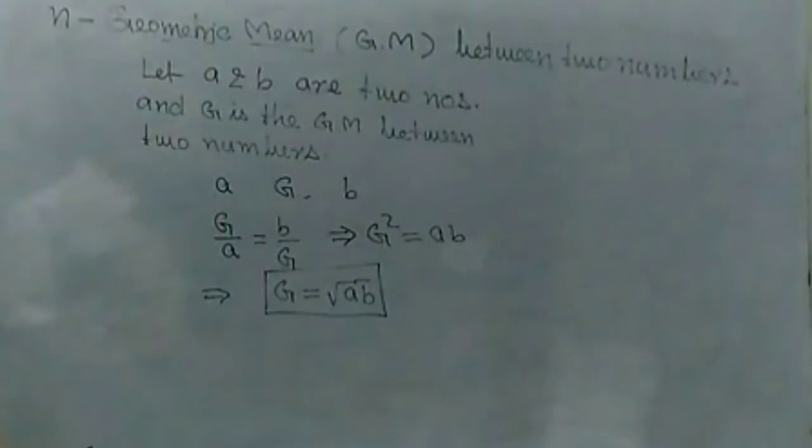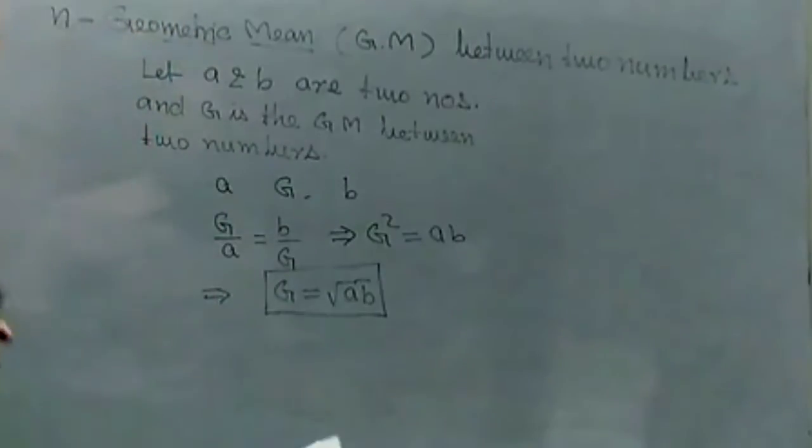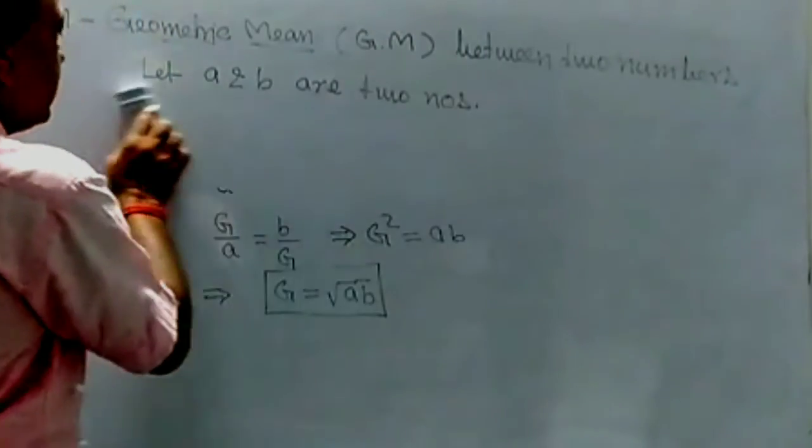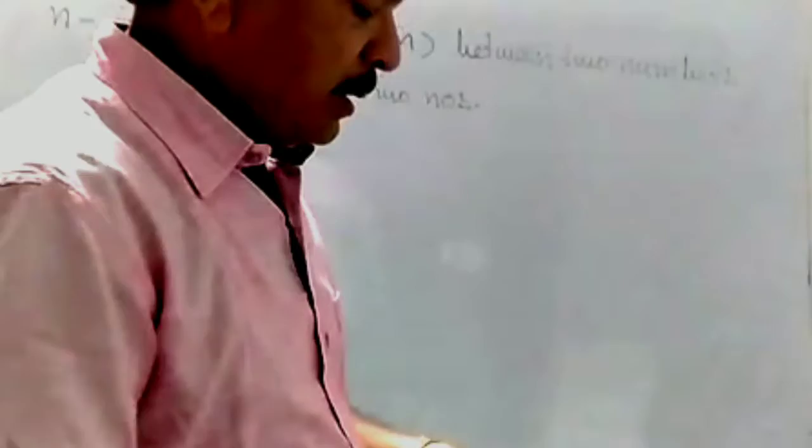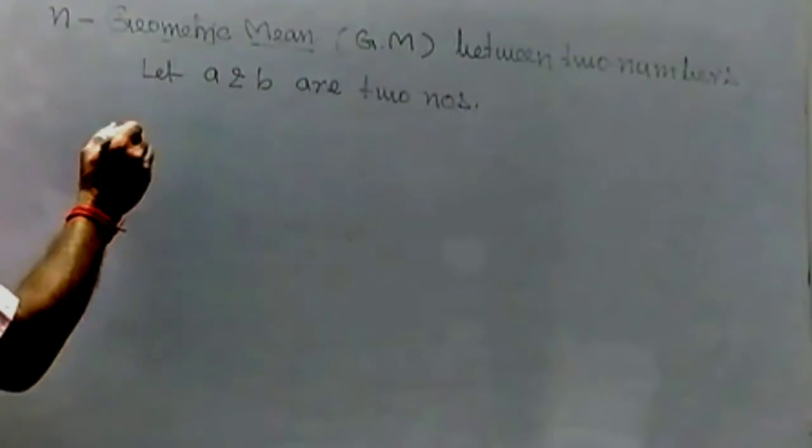So let A and B be two numbers, and there are n geometric means between the two numbers.